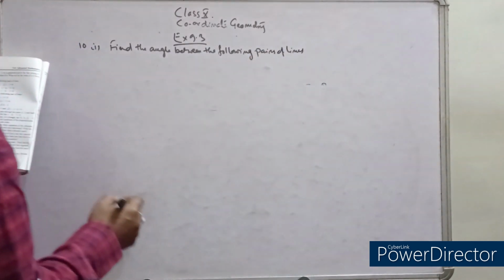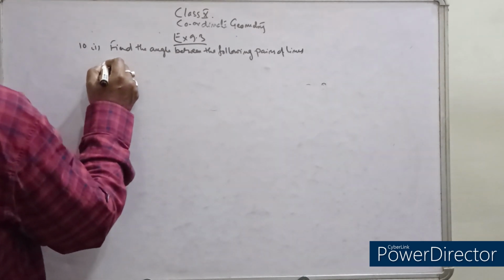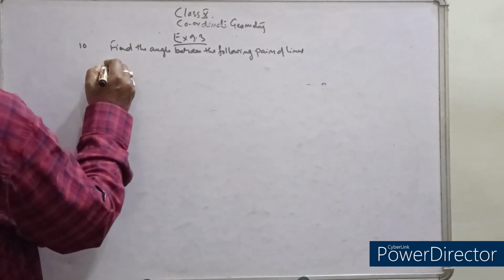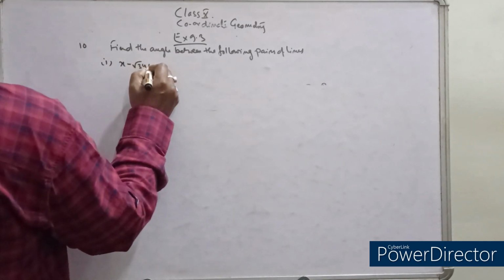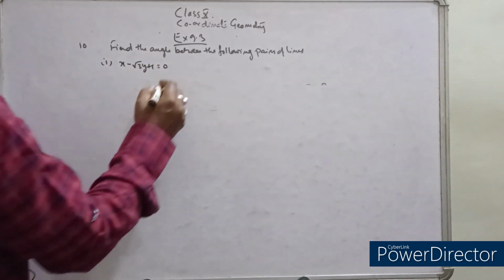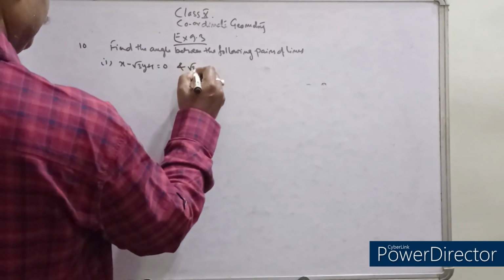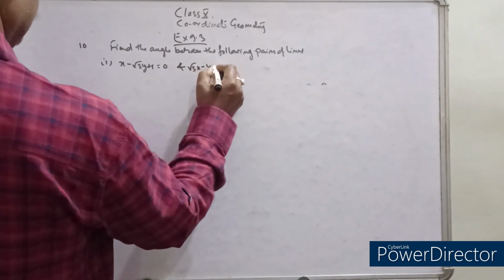Two equations of straight lines are given. The first is x minus root 3 y plus 1 is equal to 0, and the second is root 3 x minus y is equal to 4.